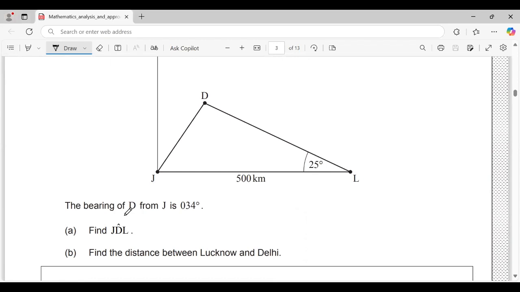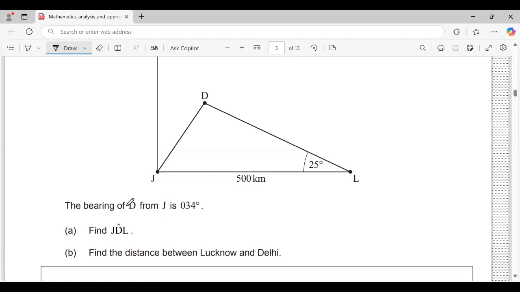The bearing of D from J is 34. Find angle JDL. JDL means this angle we need to find.